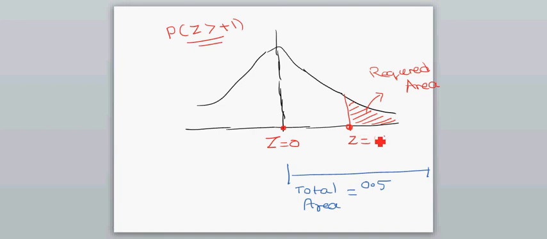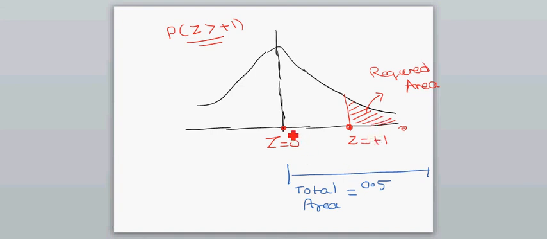Values of Z greater than plus 1 will be to the right of the Z is equal to 1 line. Here, Z is equal to 0.8 will be left of plus 1, and Z is equal to 1.2 will be clearly right of this plus 1 line. So this is the portion of area required for this problem.